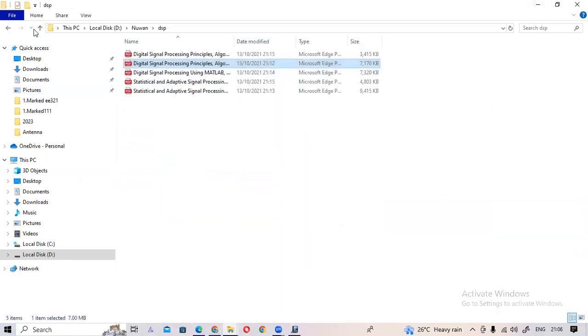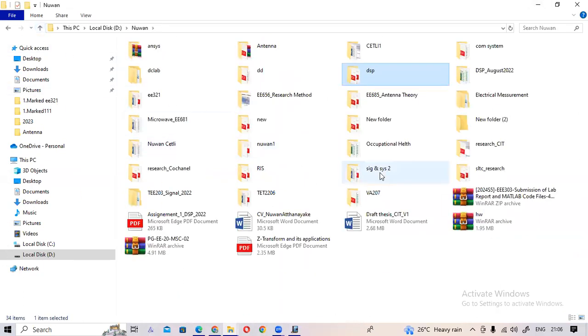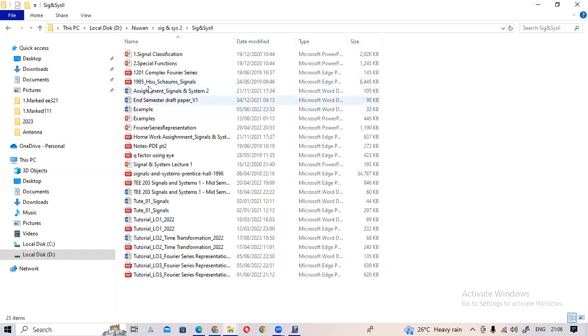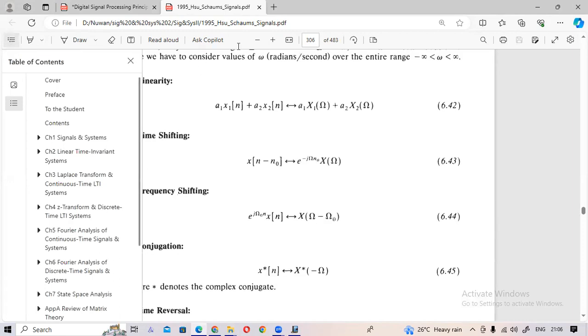I think it is better to show you one example, which I got from the Schaum's Outline books. In this book we only have outlines, that means only equations, but there is no description. But this Schaum's Outline book is good if you are confused with the subject.